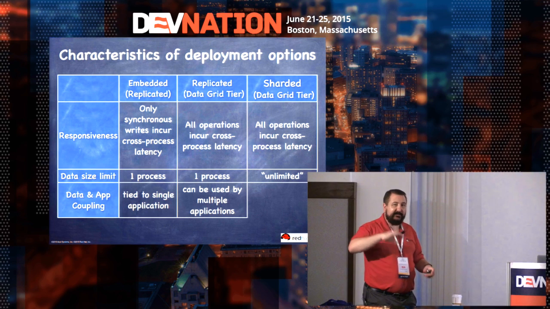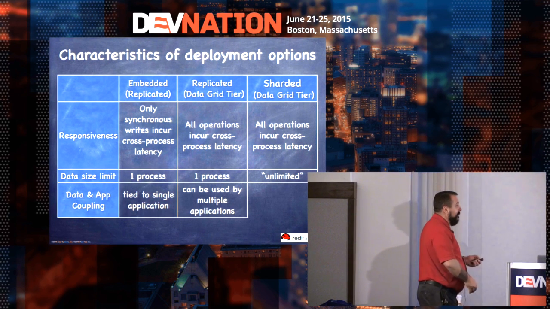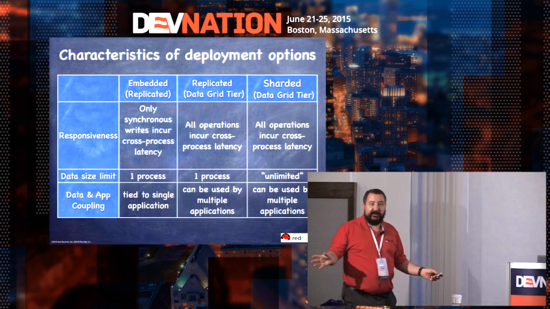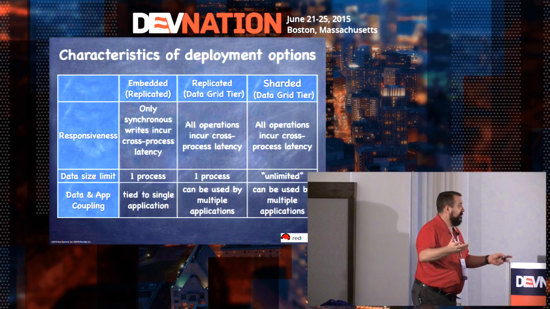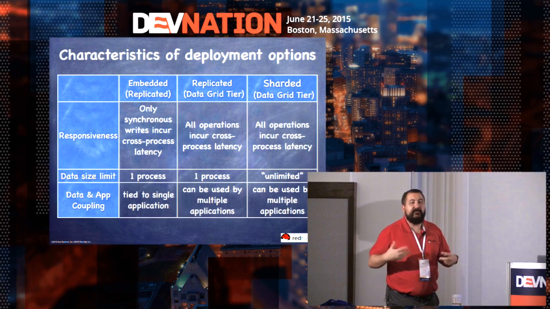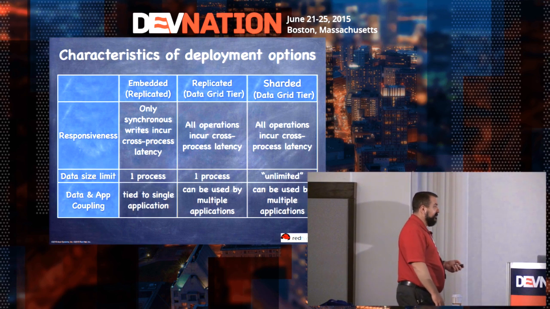Because it's disconnected off on another data tier, if you will. And same thing too from the sharded perspective, right? Once I start going to that decoupled model, there could be opportunities to get more value out of that data, right? Because it's not so tightly coupled to the application.